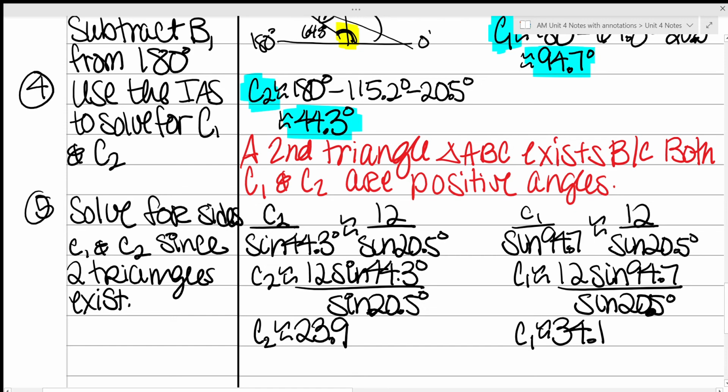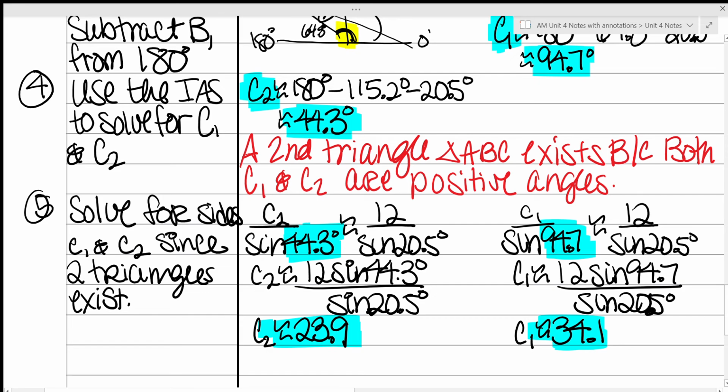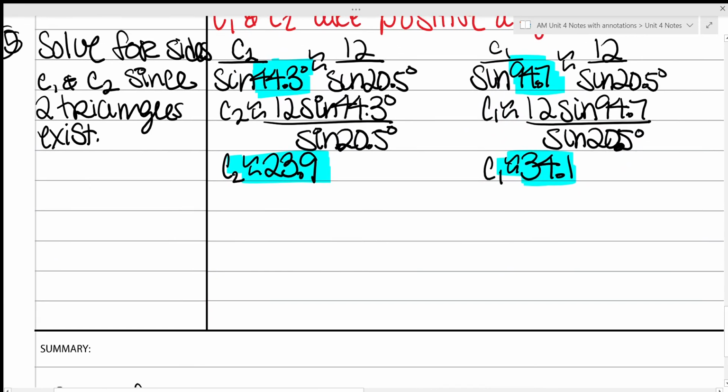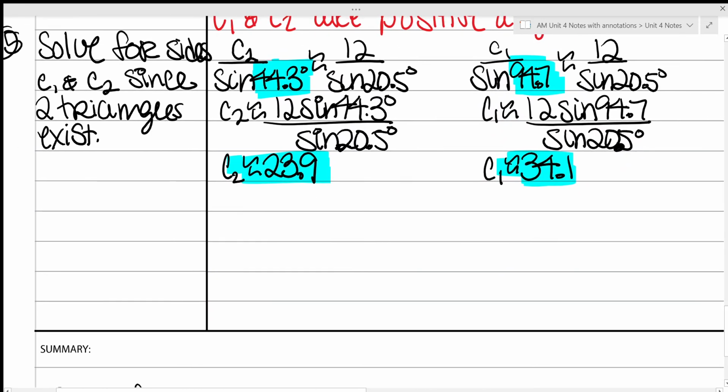Okay, and so let's highlight that, and then I'm going to write my answers real nice there. Okay, this sine 94.7 came from up there, and then this 44.3 came from the one above there. Okay, so I write my final solution as such.